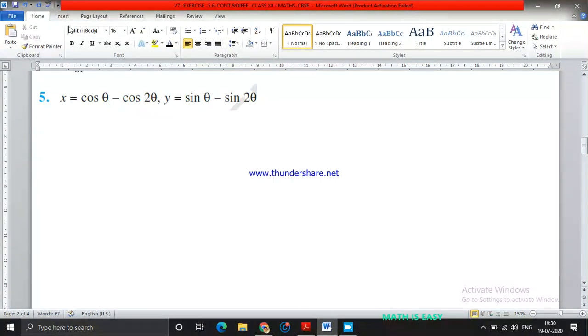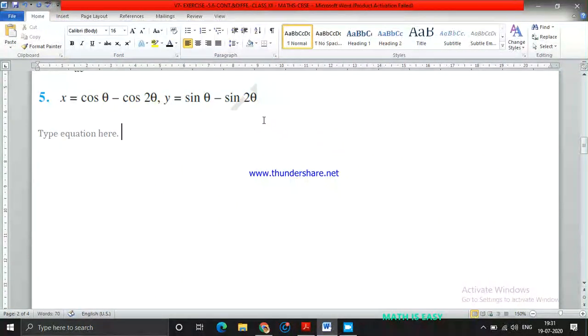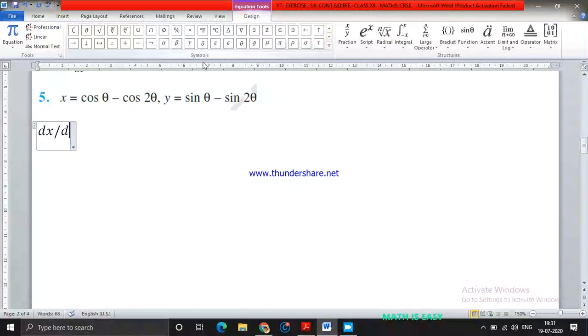Now what you want to find, I am writing the steps directly. You want to find first dx upon d theta. Dx upon d theta equals, first, the derivative of cos theta is minus sin theta, minus, let me put the bracket here, the derivative of cos 2 theta.